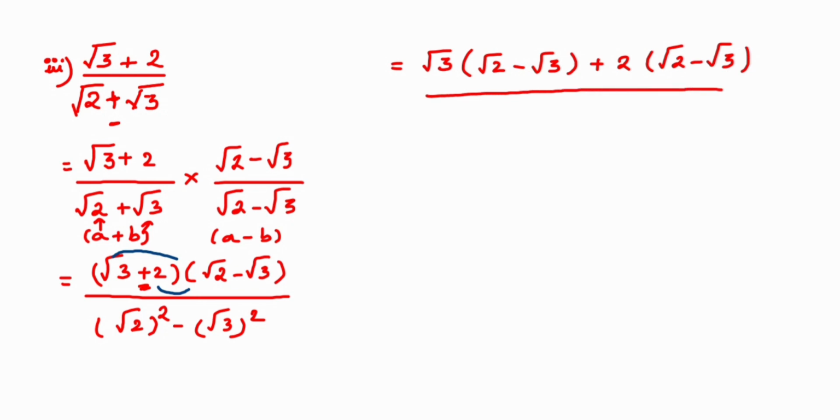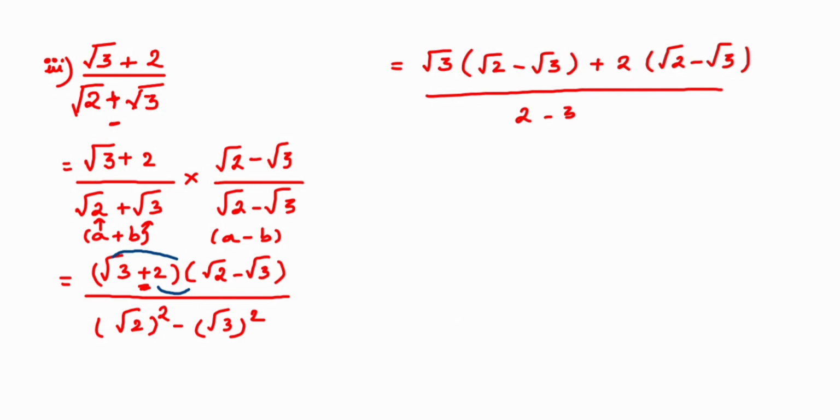Root 2 square is root 2 into root 2, which is 2. So this will become 2 minus, again, root 3 square is root 3 into root 3, which is simply 3. So we'll get 3 here.